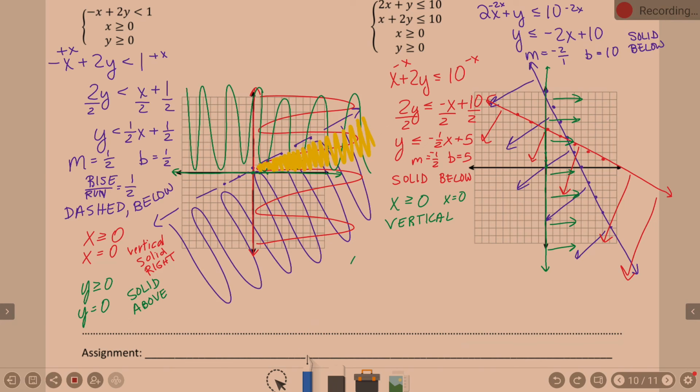This one is also below because it is less than. Make notes for yourself if you need them. So shading below. I don't know if I like the arrows or not. Aiden asked, can we just wait and shade at the end? That might not be a bad thing.